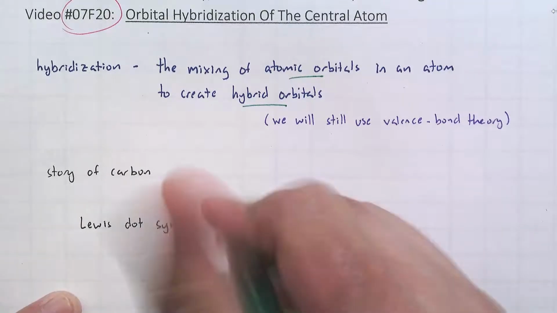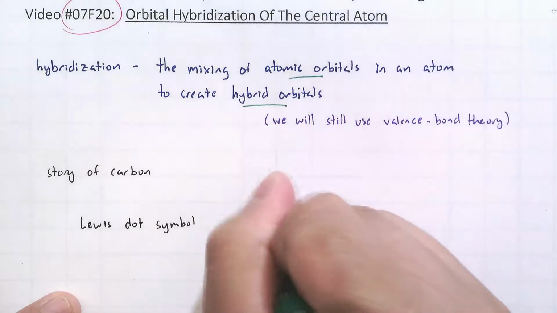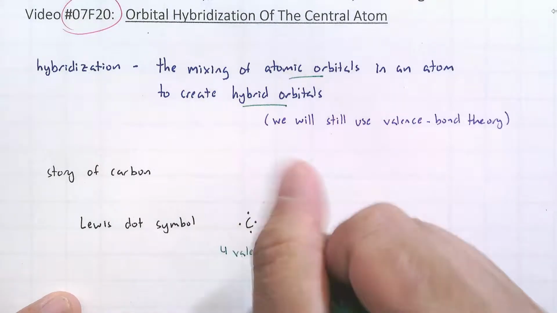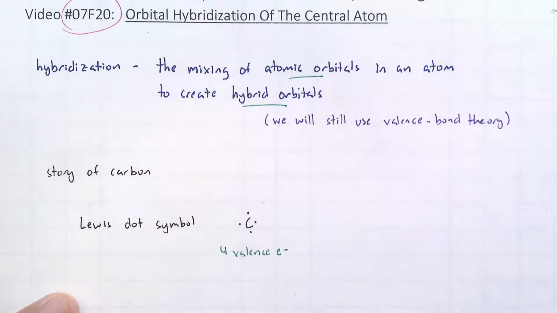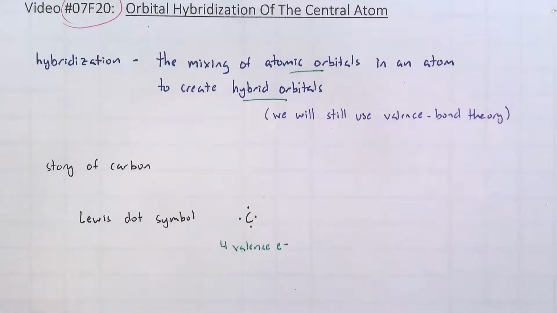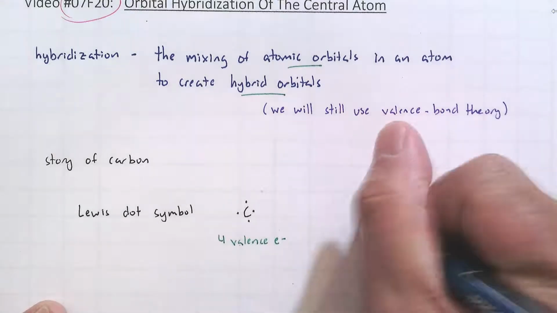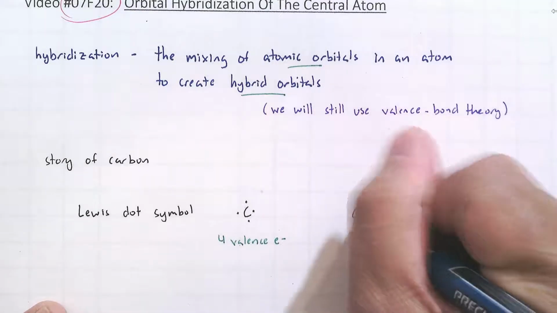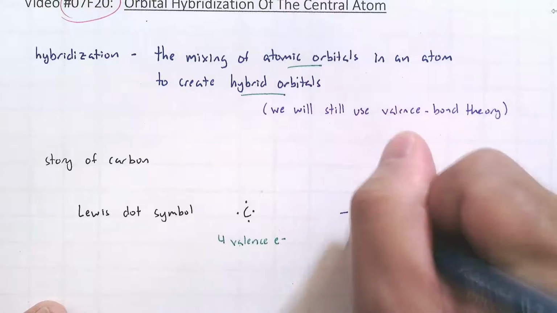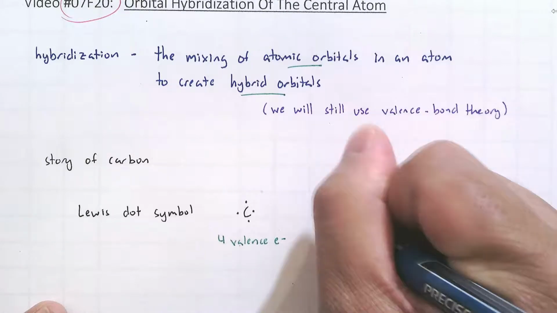So there are still 4 valence electrons. We've always known that from the electron configuration. And what happens here is that you have 4 spots to make bonds to hydrogen. And we know that carbon has 4 bonds in the neutral state.